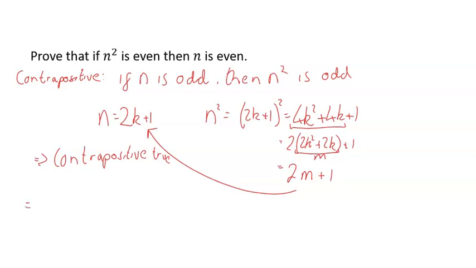What that means is the original statement is also true. So I've proven that statement by looking at the contrapositive, negating both parts, keeping the logic the same, and working it through using a standard format for an odd number.